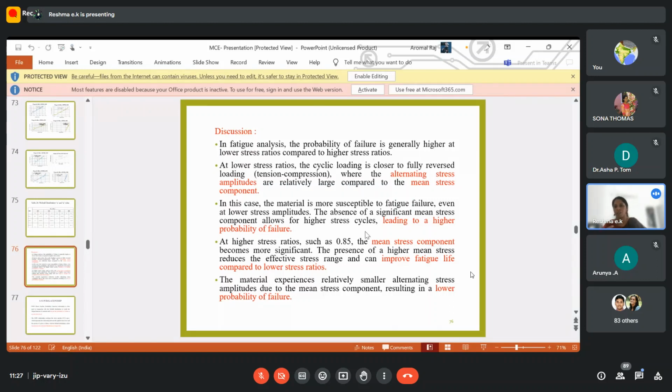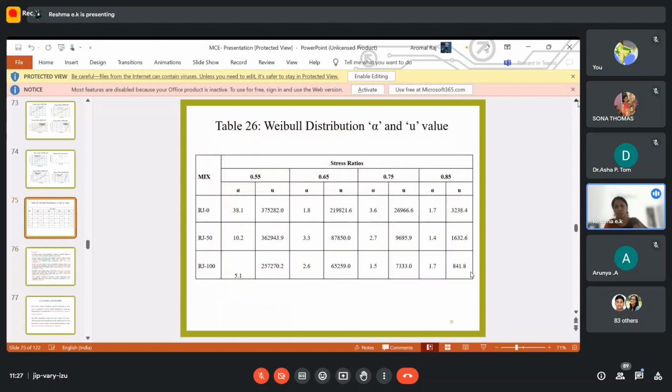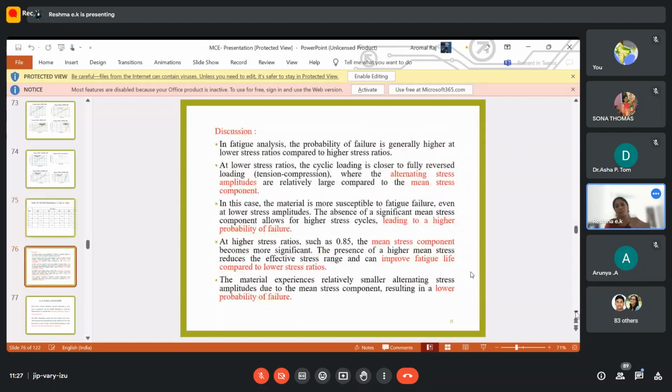The difference between maximum and minimum stress is called the alternating stress, which will vary and dominate in the case of low stress ratio, and in the higher stress ratio, the static component will overtake the other one.